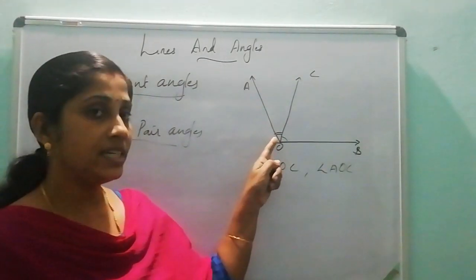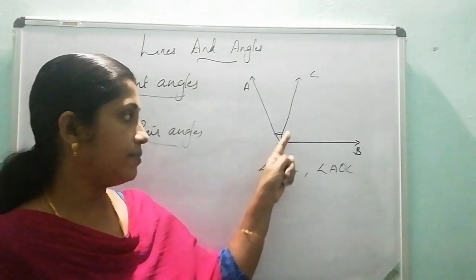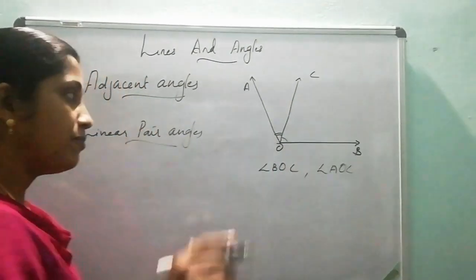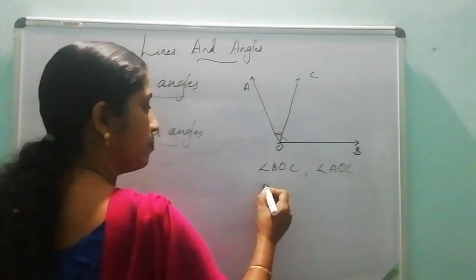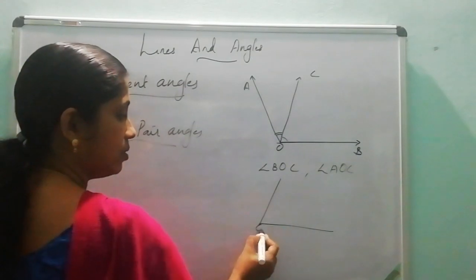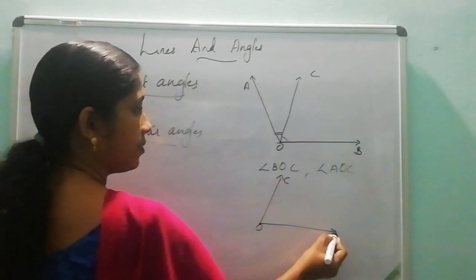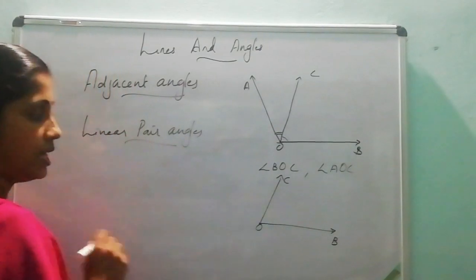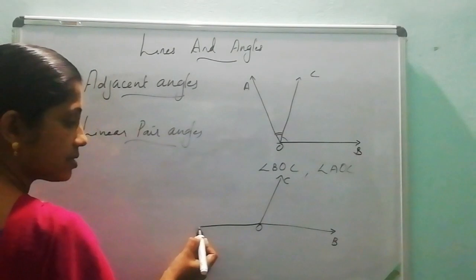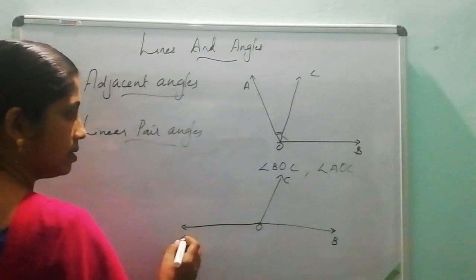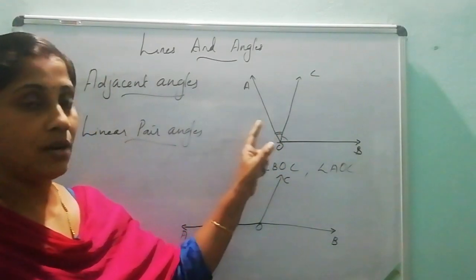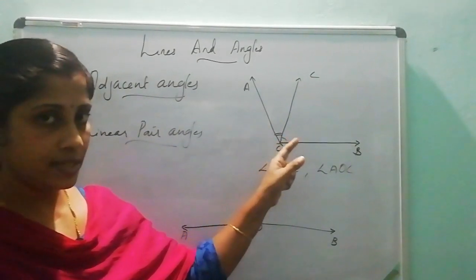We said that an adjacent angle has a common vertex, a common arm, and non-common arms on both sides of the common arm.